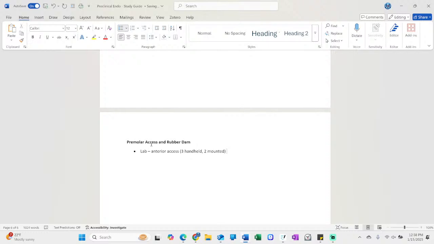The idea again is for you to put the teeth in like mimicking the oral cavity. So make sure that you select all the teeth for your projects and practicals, especially those that you plan to mount, and then mount them all together. So today, don't worry, you have plenty of time.